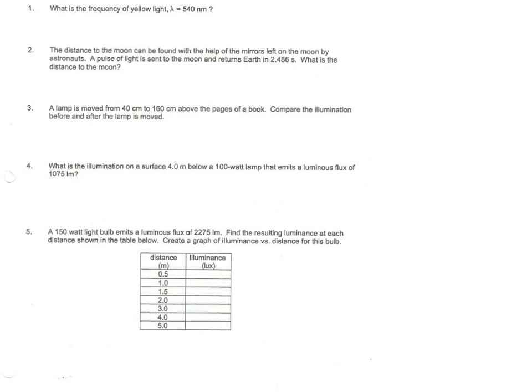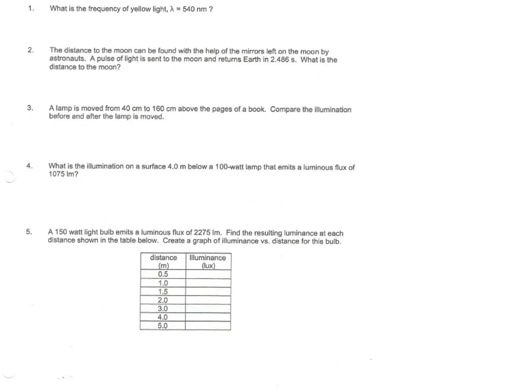Now on problem number 4, we're looking at what is the illumination on the surface 4 meters below a 100-watt lamp that emits a luminous flux of 1075. So the first thing we're going to do is use some new formulas, some new units. We're going to be looking at units of candela and foot candela. Before we solve the problem, we need to do some conversions.